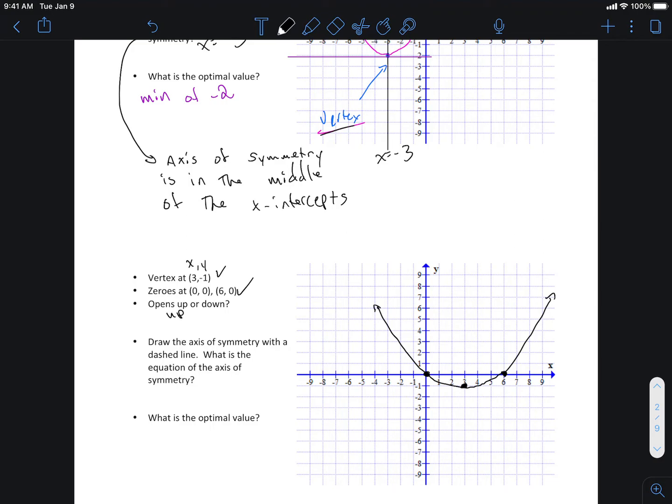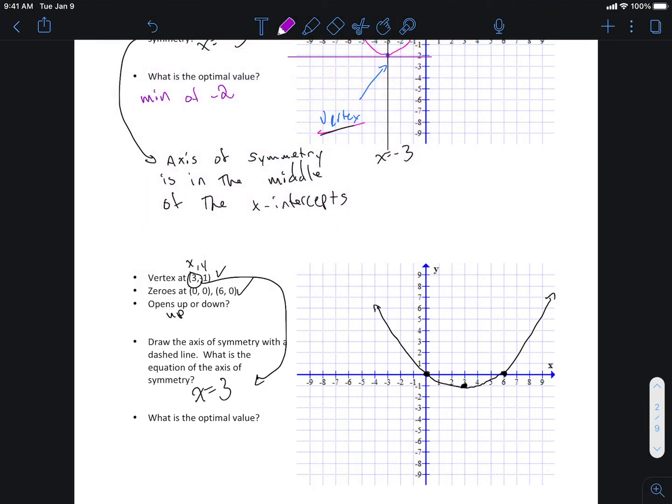And then we've got to split that parabola in half. You could kind of cheat and figure out that x equals 3 should be the axis of symmetry. Right?